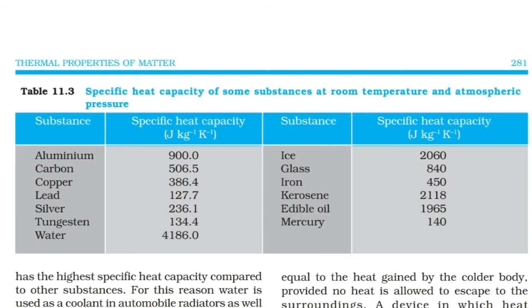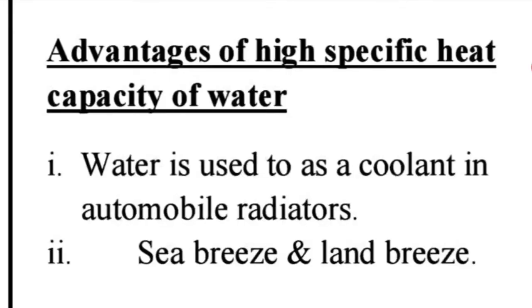That is the highest value, and because of this, we have some advantages. It is because of the high specific heat capacity of water that it is used as a coolant in automobile radiators. It can absorb more heat.